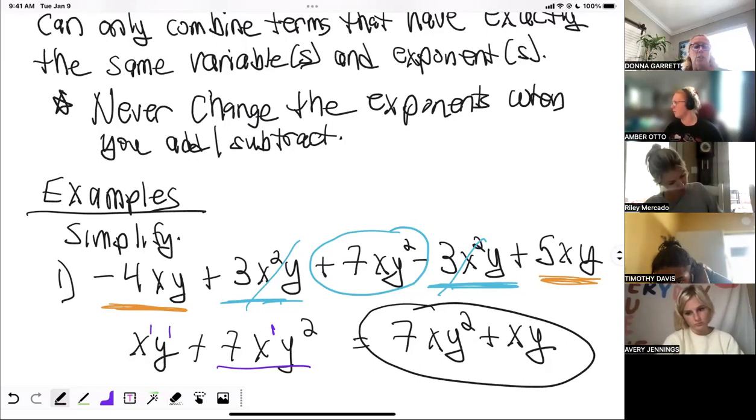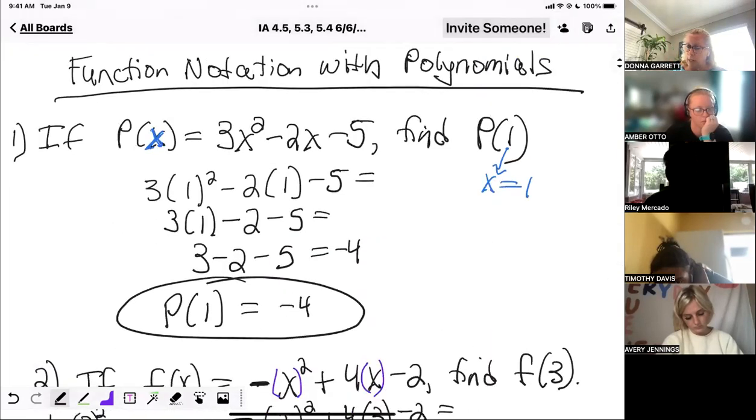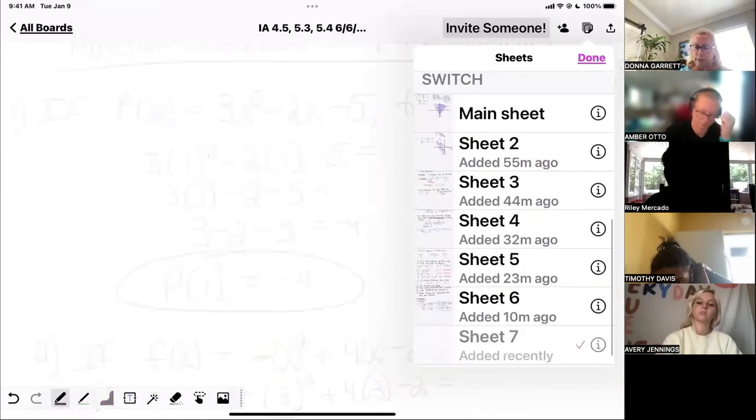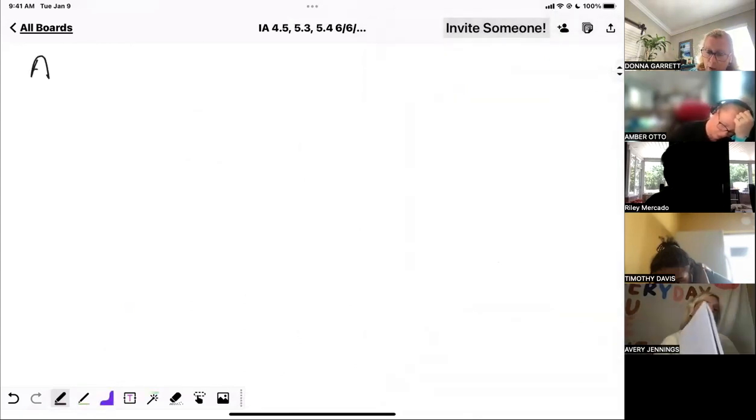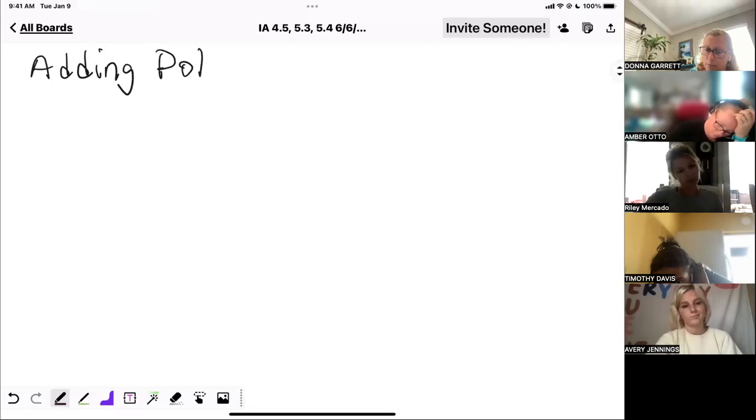Okay, so two things we're going to do next. We're going to add and subtract polynomials. All this stuff led up to adding and subtracting polynomials, making sure that you're combining like terms, and not adding and subtracting the wrong things. So I am going to add a page. We're going to start with adding polynomials, and then we'll bring in subtracting polynomials.